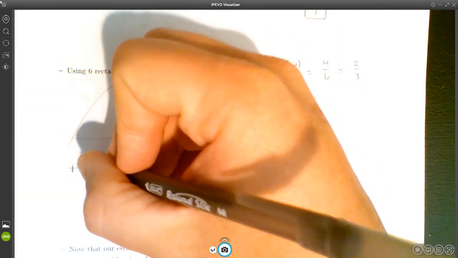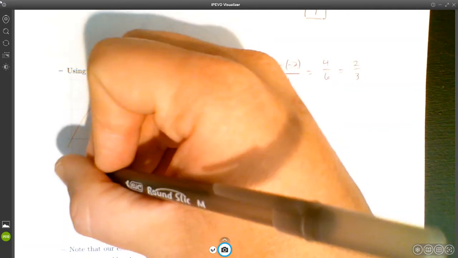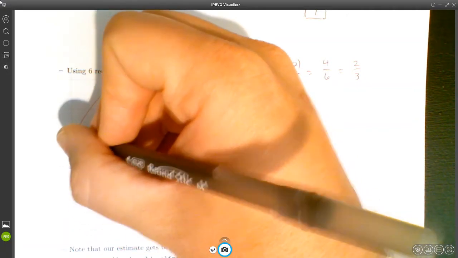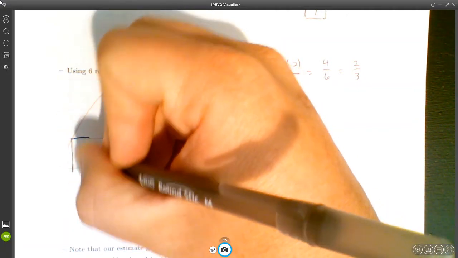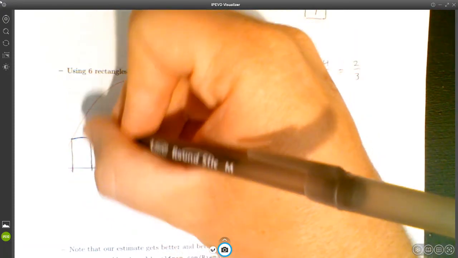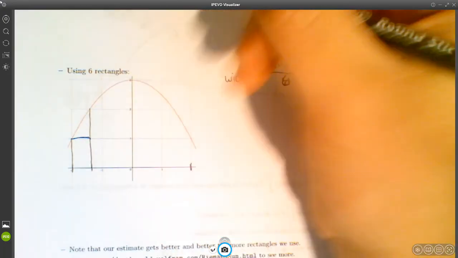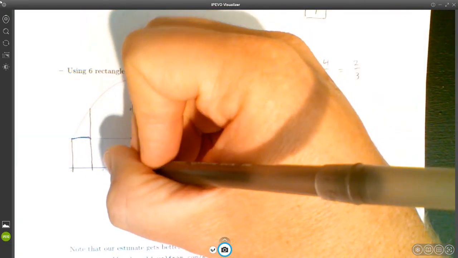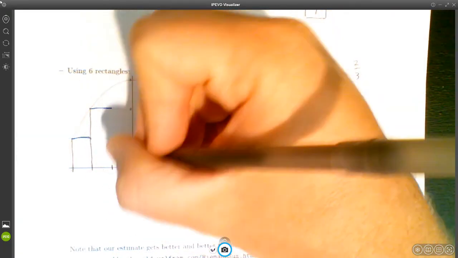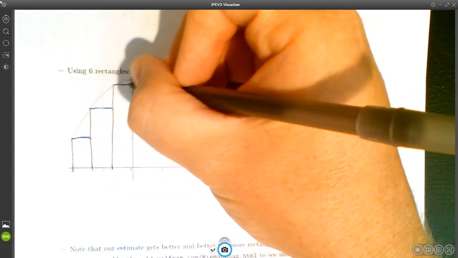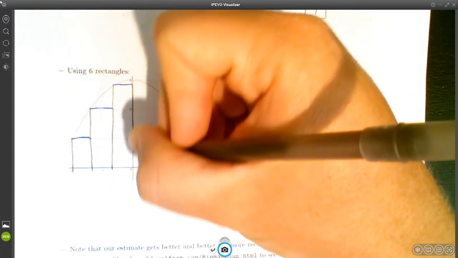So that's maybe there. Right, so I'm using left endpoints. I would have this, and then it would come up to about 2, maybe not exactly 2, but I have to come over another 2/3 to there. Then I have to come up another 2/3 to 0.